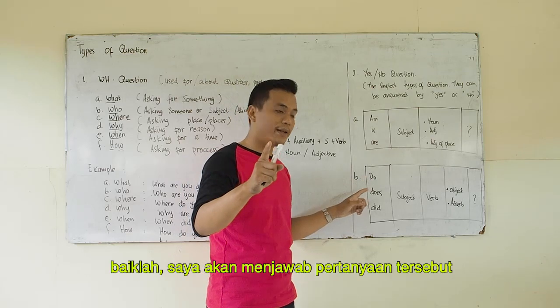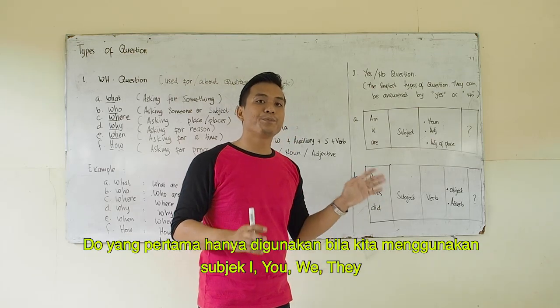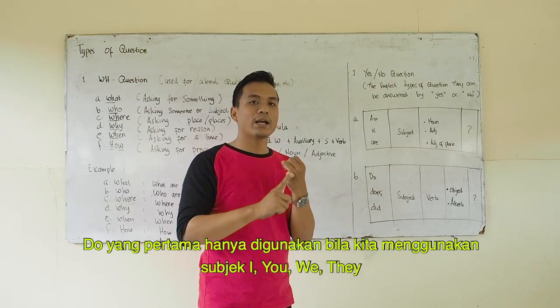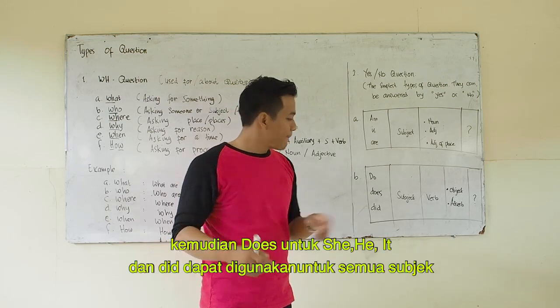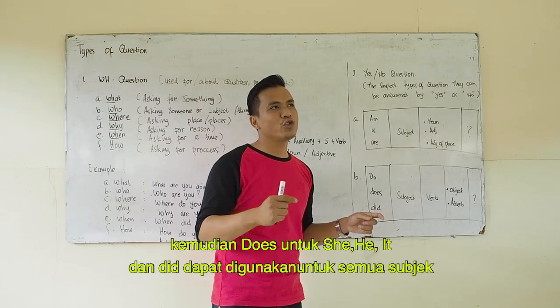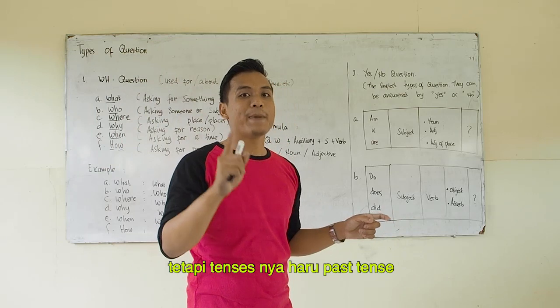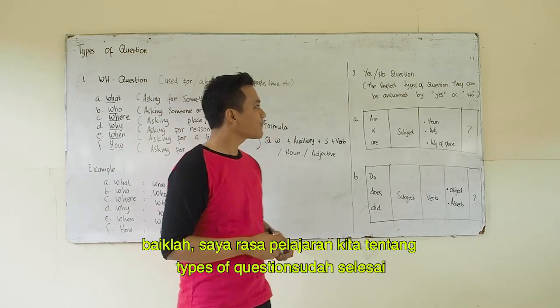Okay, I will explain that. The first, do, is used with the subjects I, you, we, they, and then does with she, he, it, and did. How? Did can be used with all subjects, but the tense must be what? Past tense. That's right. Okay.